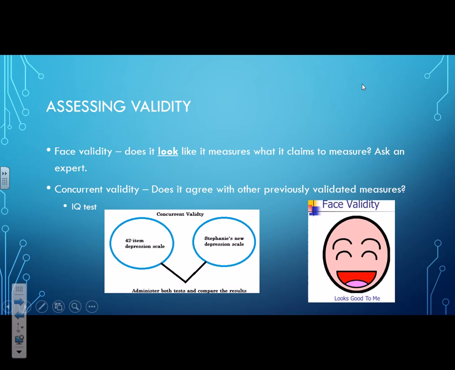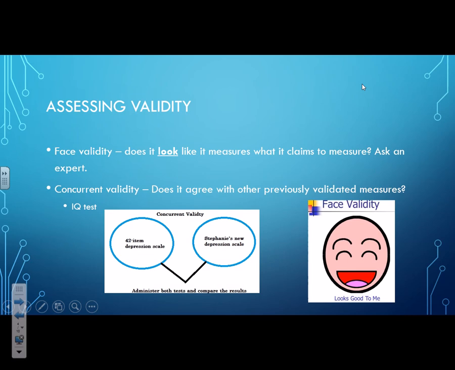So that one's that, and then we've got concurrent validity as well. So does it agree with previously validated measures? And we'll give here again the example of an IQ test. So with this one, the way you would check is you would get your participants, you want to start a whole new IQ test, so you would write that IQ test and you would ask participants to complete it.